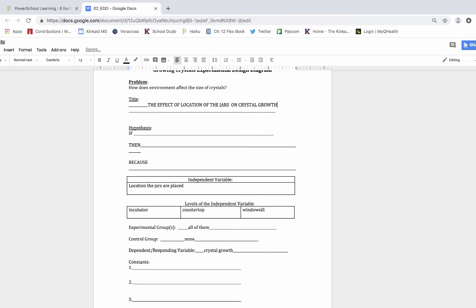You could even give more detail. You could say the effect of temperature on crystal size. You could say the effect of the temperature of the location on crystal volume. Either one of those will work.